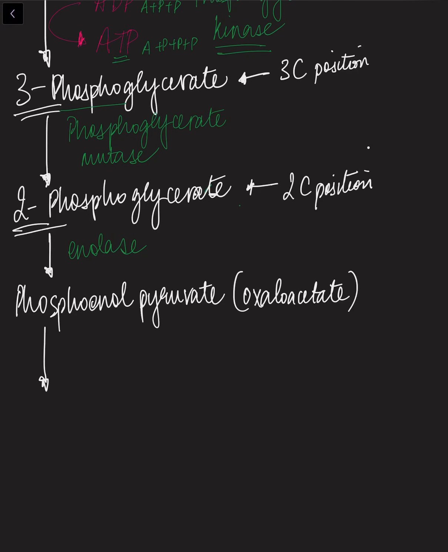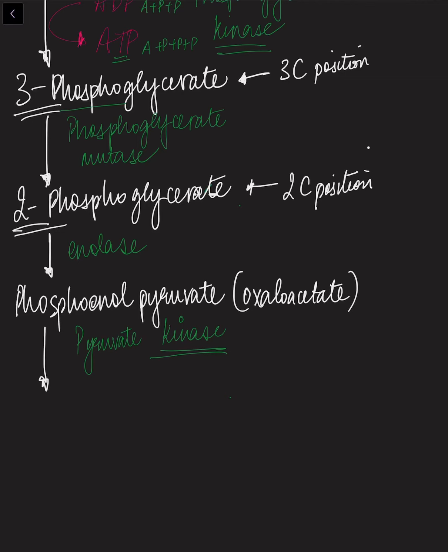So from phosphoenol pyruvate, under the action of pyruvate kinase, so again see the pattern, kinase. It should pop up in your mind that kinase is there, so there must be a phosphorylation happening somewhere.